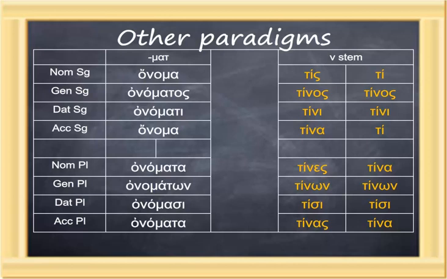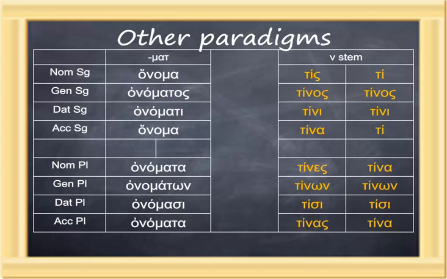Another stem that shows up frequently in the third declension is the nu stem, where the stem of the third declension noun, or in this case pronoun, ends in a nu. Notice tin is our stem here.